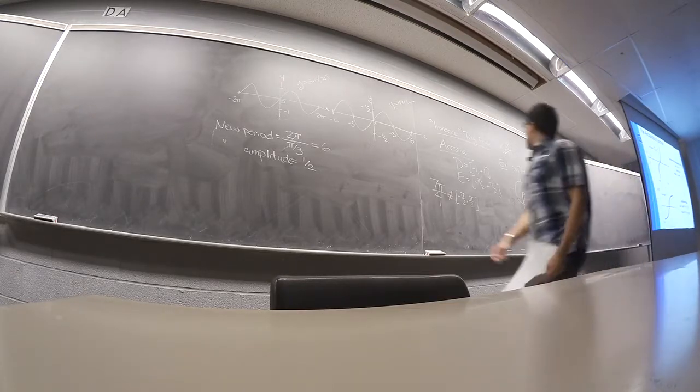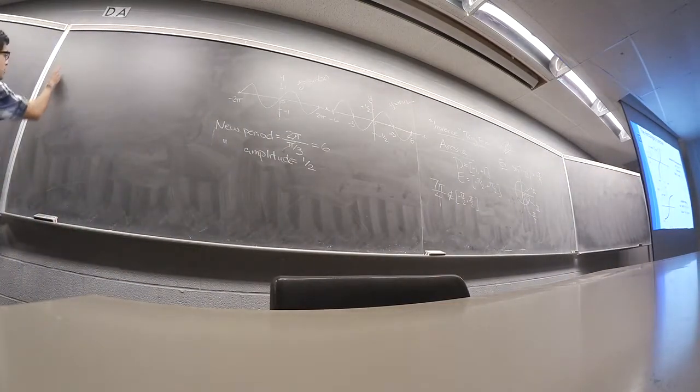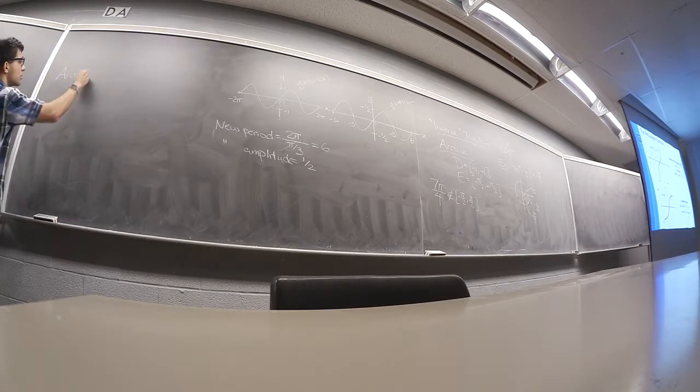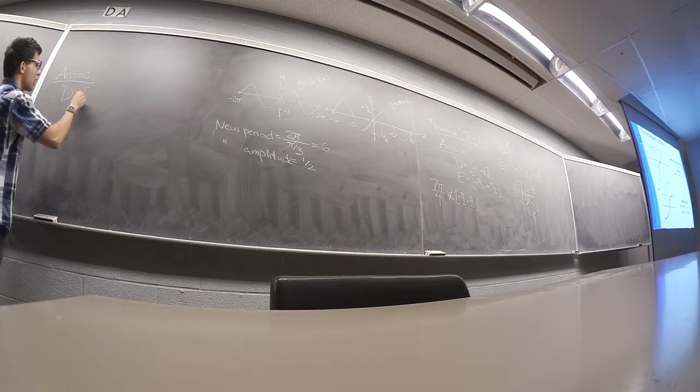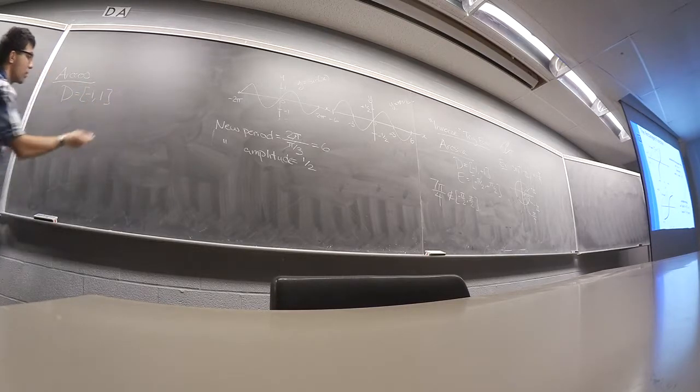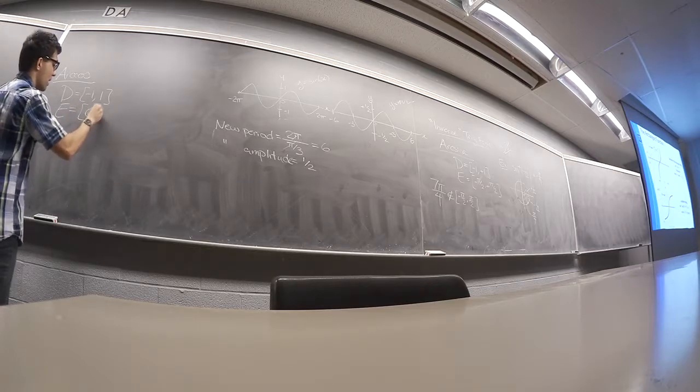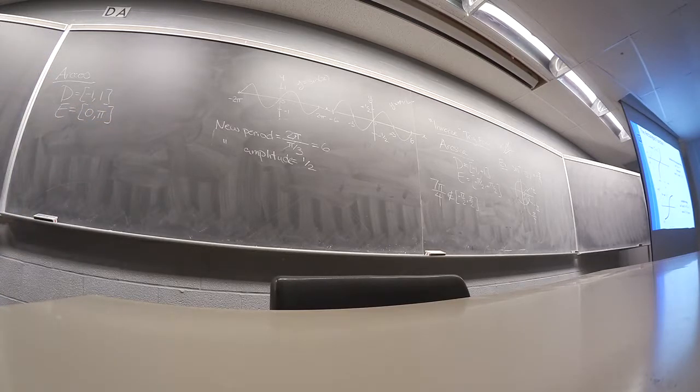Okay, arc cos. I just want to say the domain and range, which you can read off of the graph. The domain, again, is from minus 1 to 1, which is the range of cos. And the range is from 0 to pi, which is the domain of the restricted cos. So again, find the right value, make sure it's in this interval if you're evaluating arc cos.